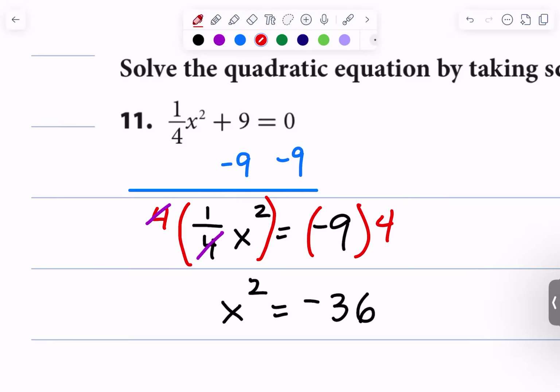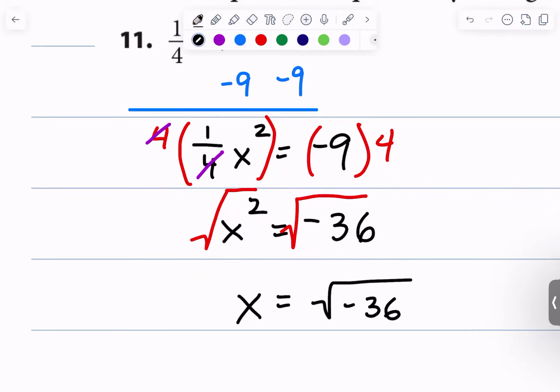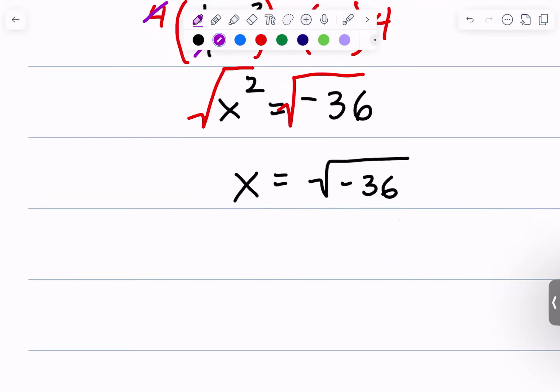And then I am going to square root both sides, right? To get rid of the squared. That means that x equals the square root of negative 36, which we already said is going to be plus or minus 6i.